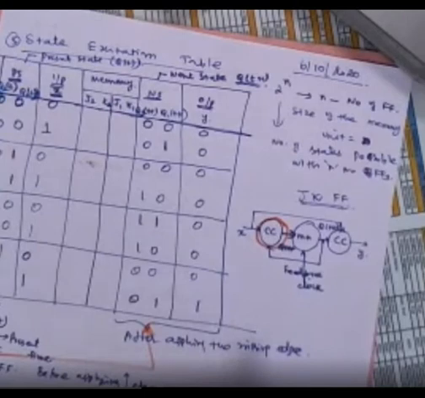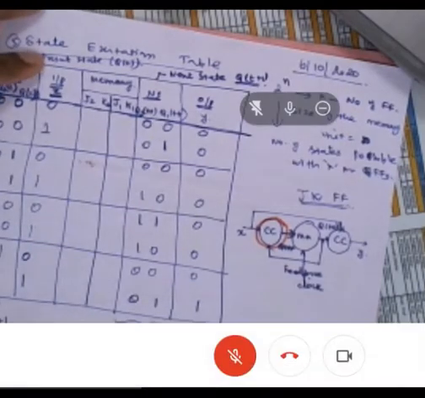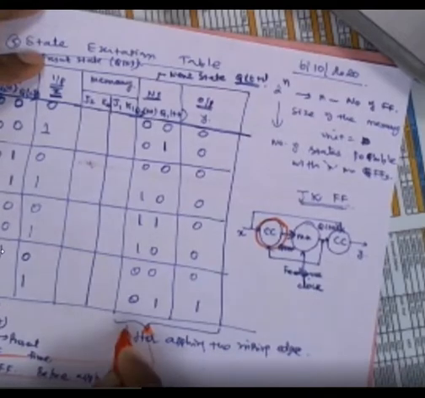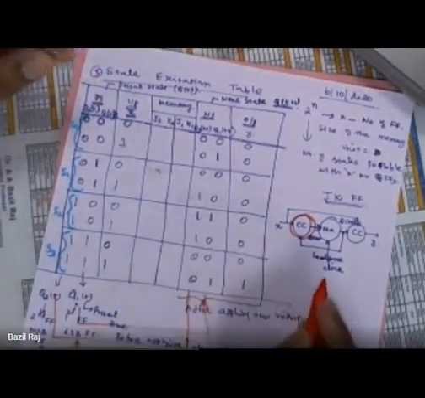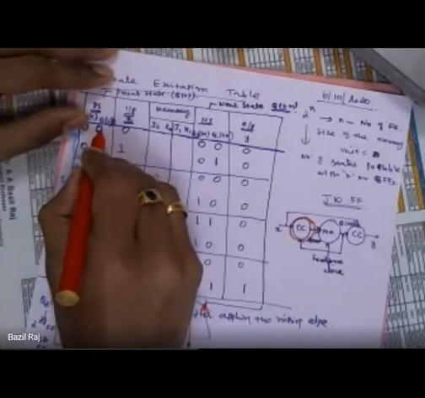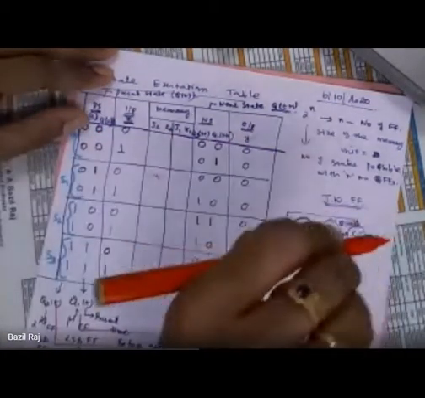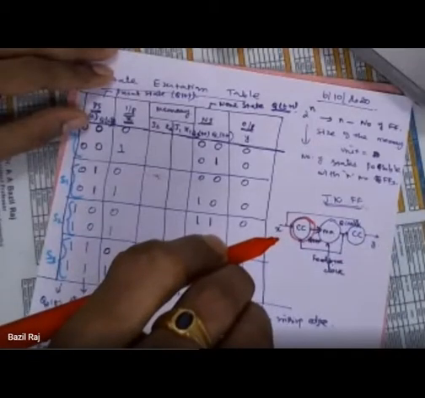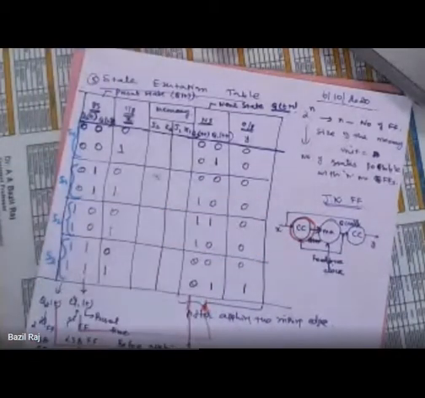The Q1 of t plus 1 only can change the Q1 of t to some other value. But the Q1 of t plus 1 and the Q1 of t has to be processed through J1 and K1. And Q2 of t and Q2 of t plus 1 has to be processed through J2 and K2 only now.